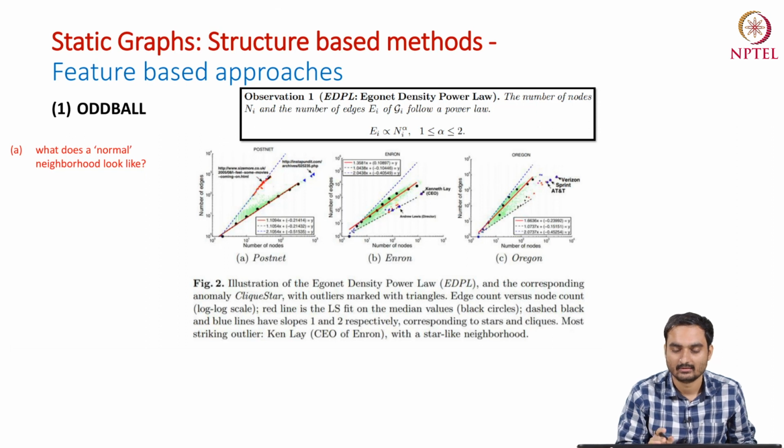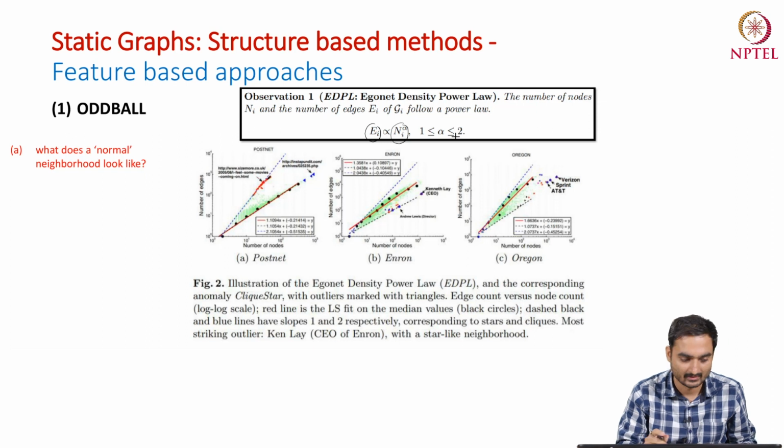So, the first observation is that the relationship between the number of nodes and the number of edges in an ego net should follow a power law. According to them, E_i should be proportional to N_i to the power alpha, where in a normal case alpha should vary between 1 and 2.